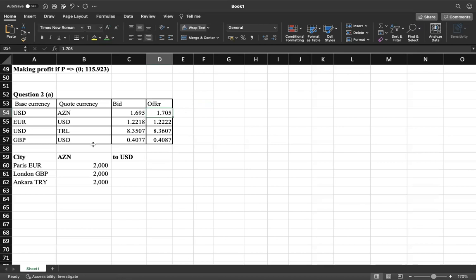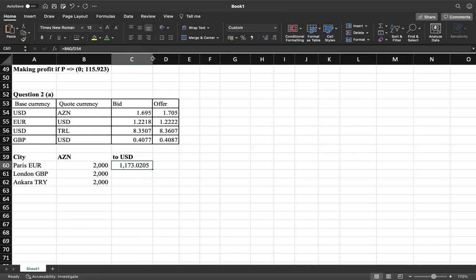So if I want to convert my ASEAN to USD, it means I am selling my ASEAN and getting USD at the offer rate. Therefore, I should divide my ASEAN amount by the USD ASEAN offer. And we should use 4 digits after the comma.